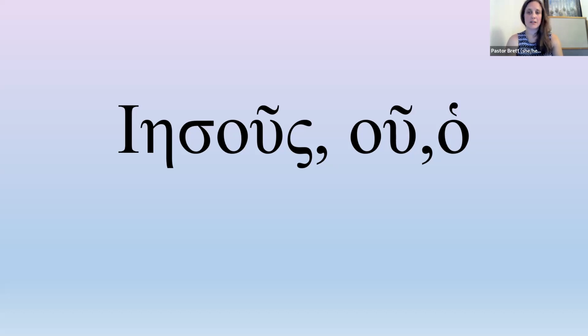So the first article that we have here is just the letter omicron with a rough breathing mark, which we would say in Hellenistic Greek, this is more ho. In modern Greek, this is more ho.